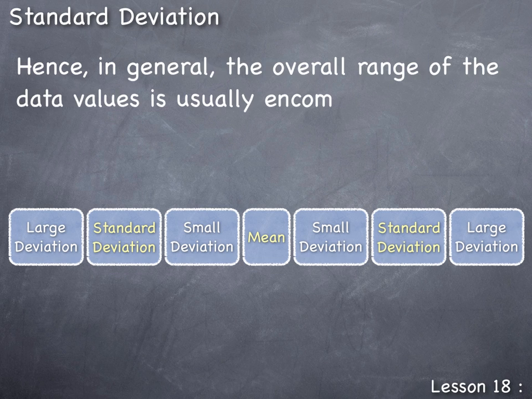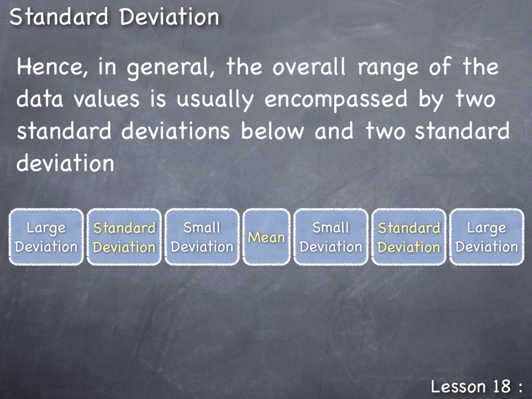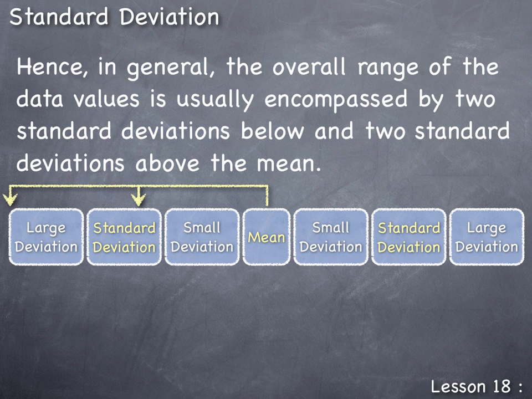Hence, in general, the overall range of the data values is usually encompassed by 2 standard deviations below and 2 standard deviations above the mean. So if you go from the mean, 1 standard deviation below, you get to the middle of the below average. When you do a second standard deviation below the mean, you get towards the end of the below average data values.